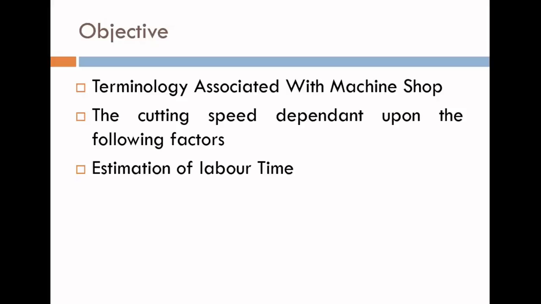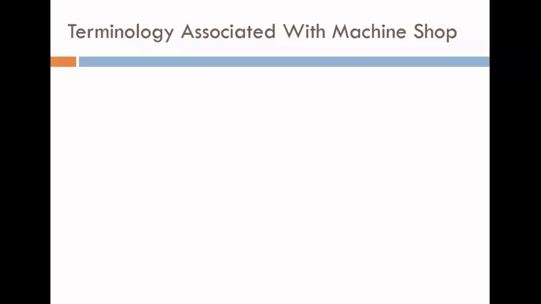And the third objective is to estimate the labor time, because from the labor time we calculate the cost of labor. We start with the terminology associated with the machine shop.